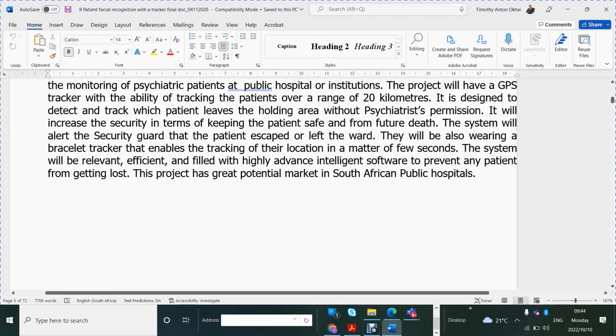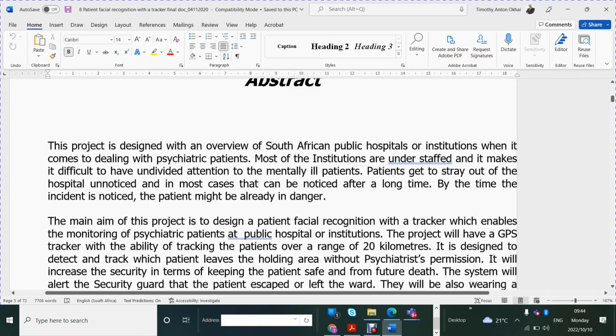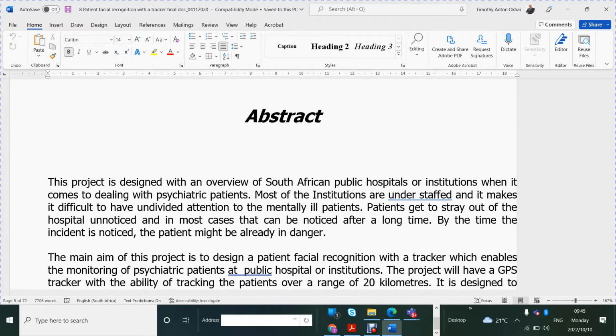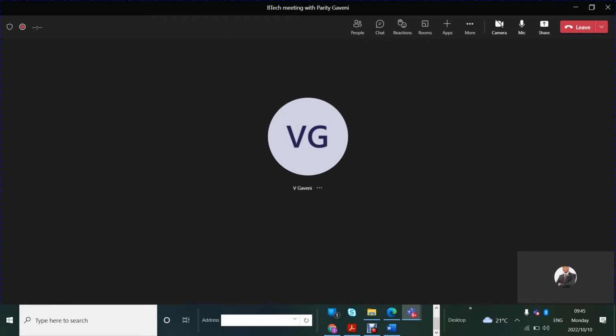Now it's talking about the outcome. They will also be wearing a bracelet tracker that enables the tracking of the location in a matter of few seconds. The system will be relevant, efficient, filled with highly advanced intelligence software. Now, that's the gist. So it has some of the elements, not all of it, because as I work with students, we correct some of these things and make sure all of those elements are there.